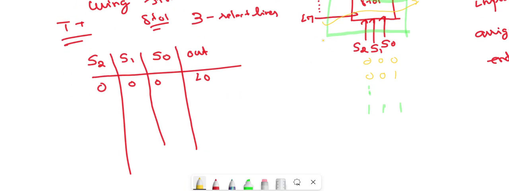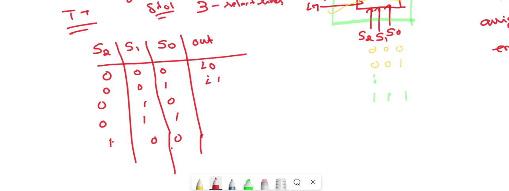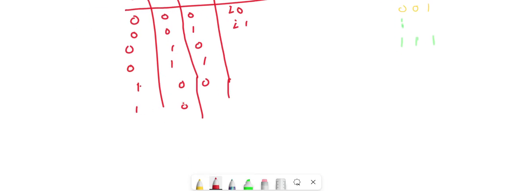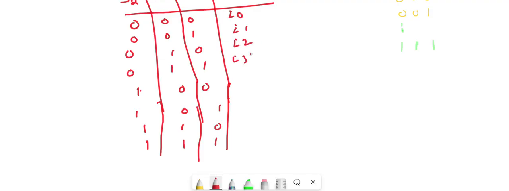So this is the concept of the 8 to 1 mux. 010, 011, 100, 101, 110, 111: the different combinations select I2, I3, I4, I5, I6, I7.